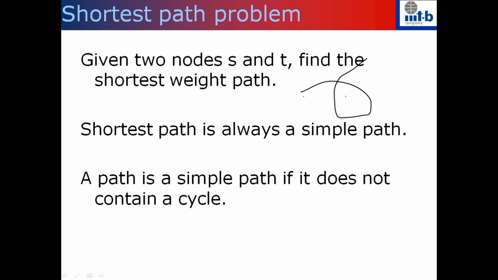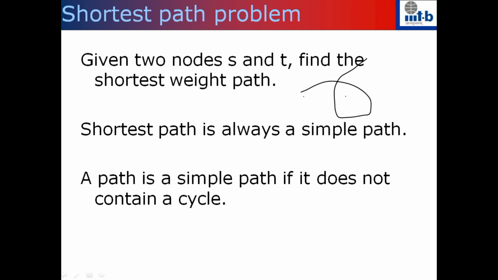But if the cycle that the shortest path has is of negative weight, then you can go along the negative cycle as many times as you want. Every time you go through the cycle, the weight of the path keeps decreasing, because the weight of the cycle is negative.